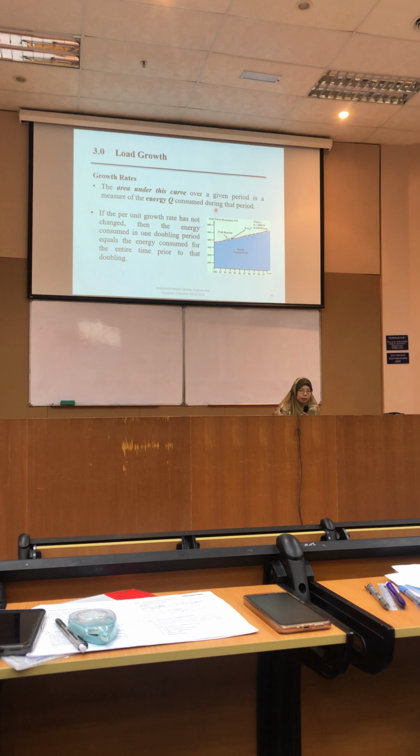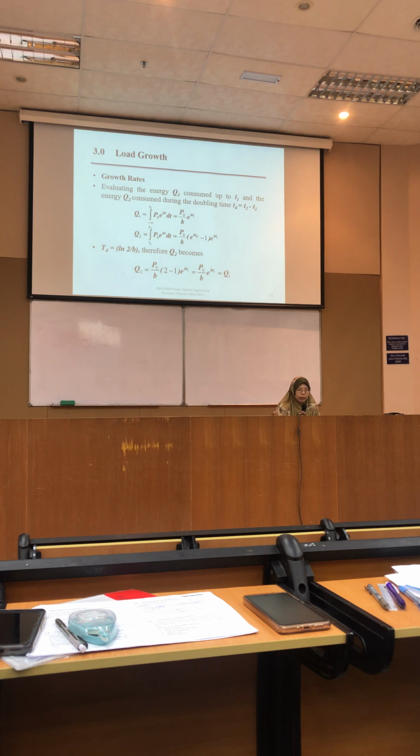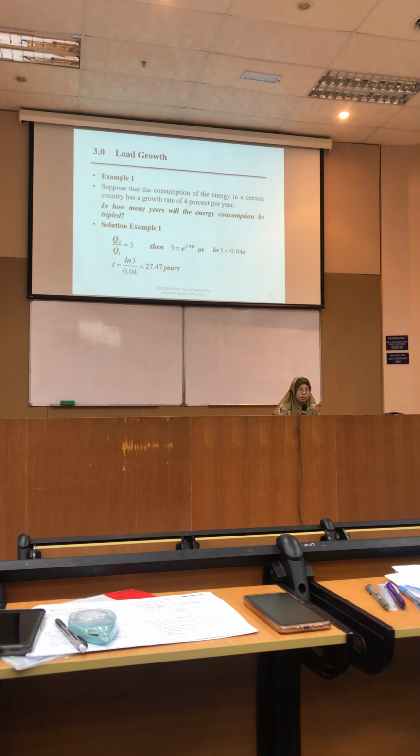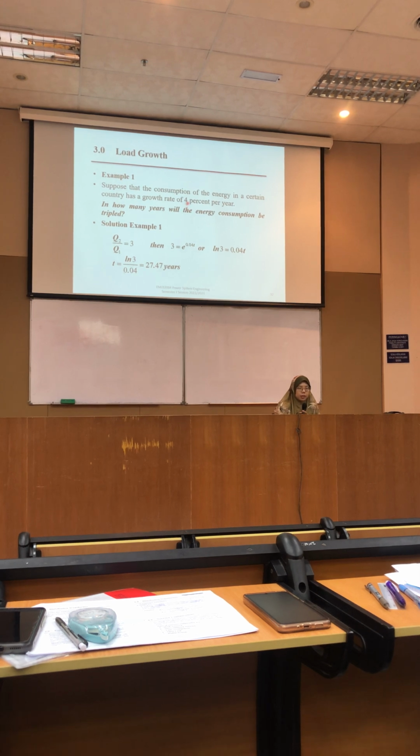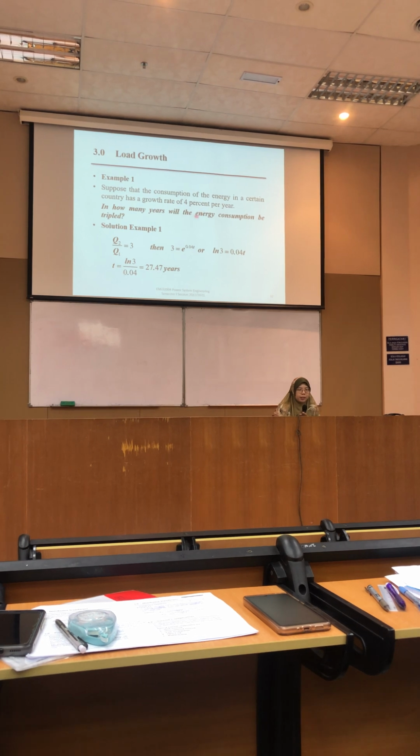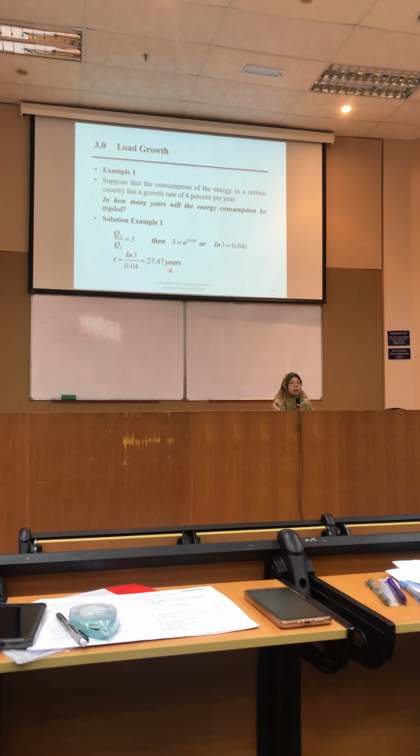The area under the curve is a measure of energy consumed during the period. So this is the power demand, and the area under the curve is the energy consumed. We can calculate the growth rate as well. For this case the growth rate is 4%. How many years until the energy is tripled?